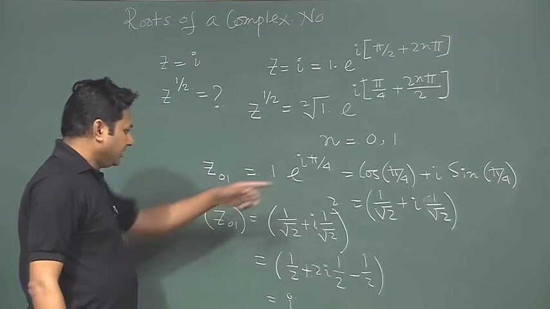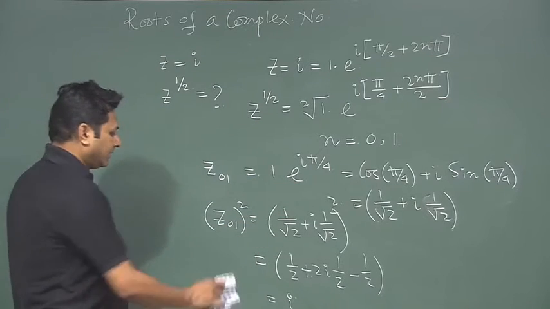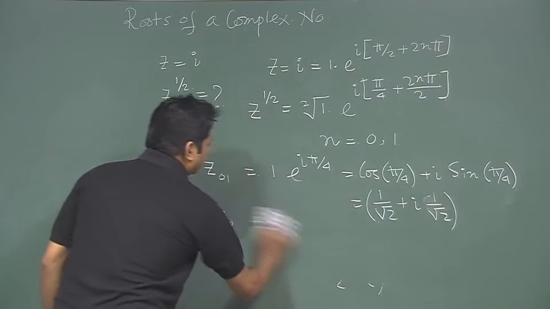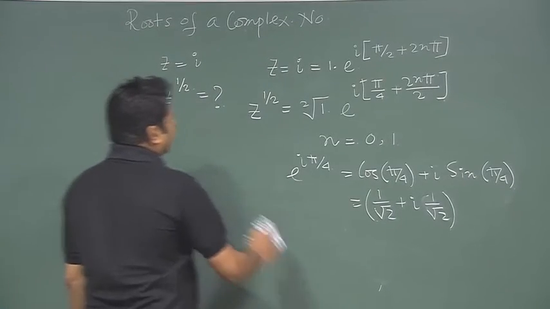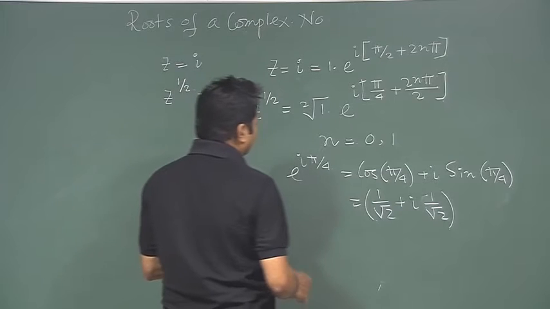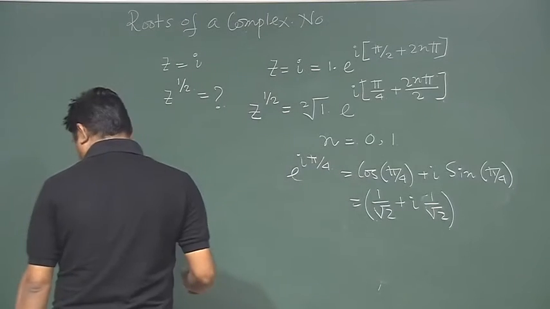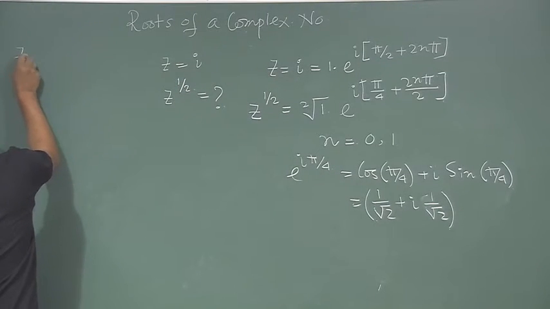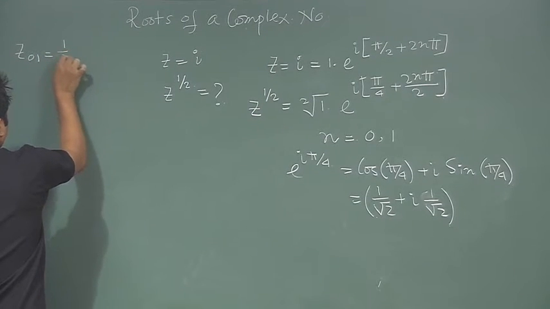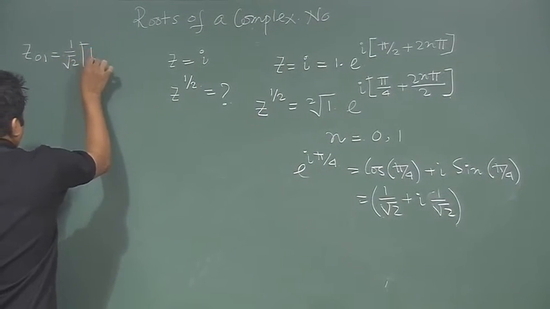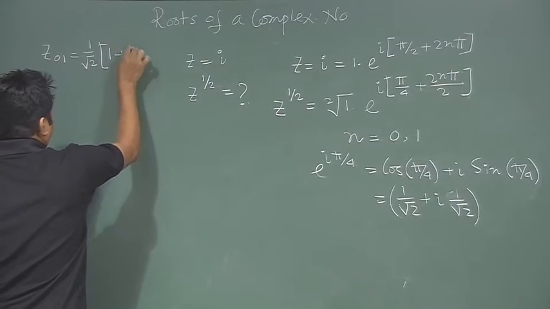So, that means this quantity is the square root of this. So I calculated the first root, and the first root comes out to be, let me write it here, z0 is half 1 plus i.